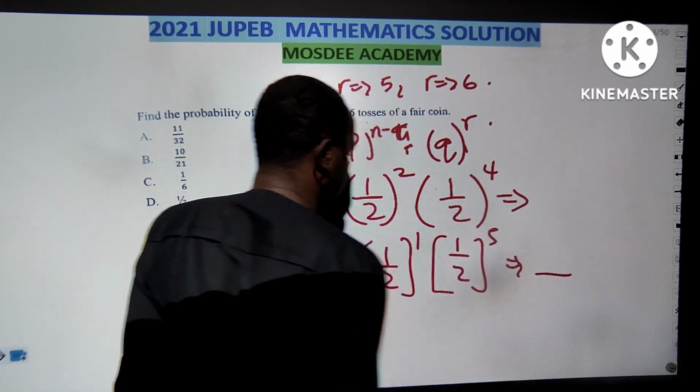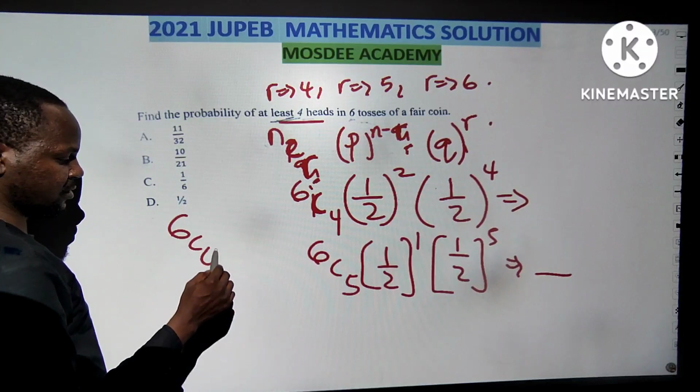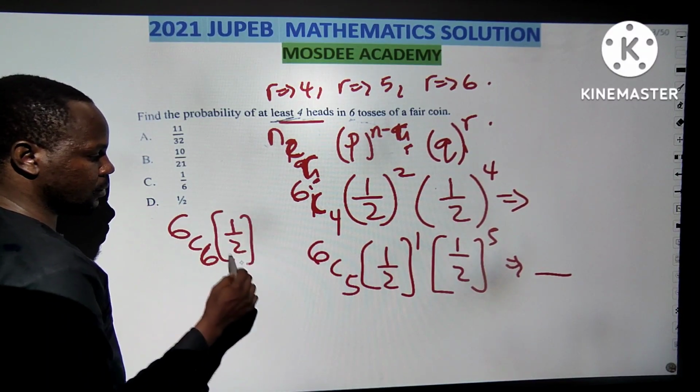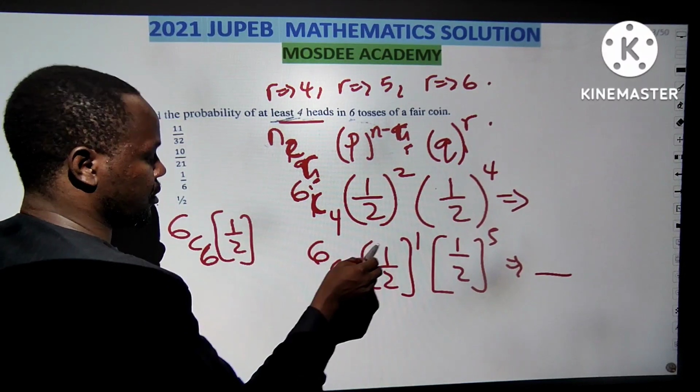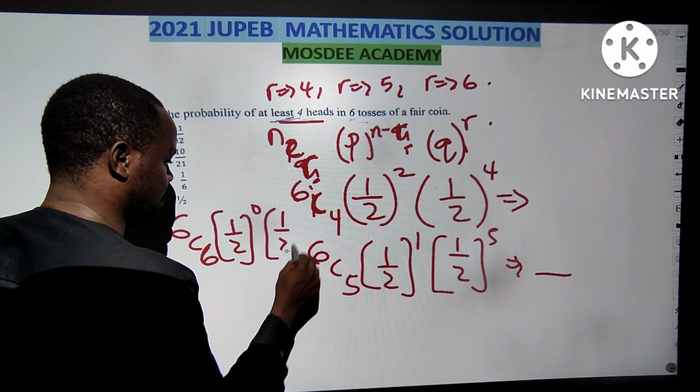Then for the last one, 6 combination 6, 1 over 2 raised to power 6 minus 6 is 0, then 1 over 2 raised to power 6.